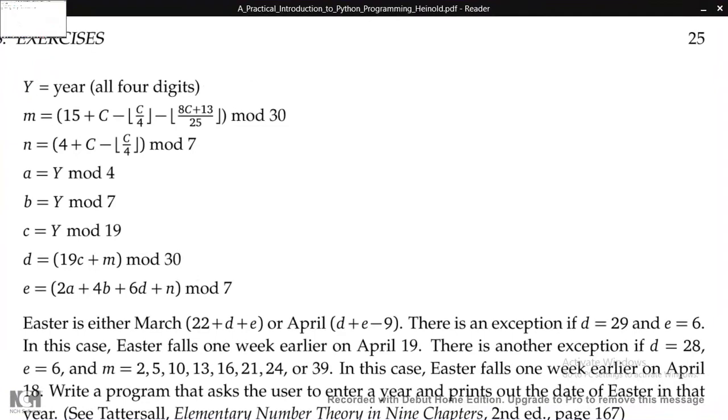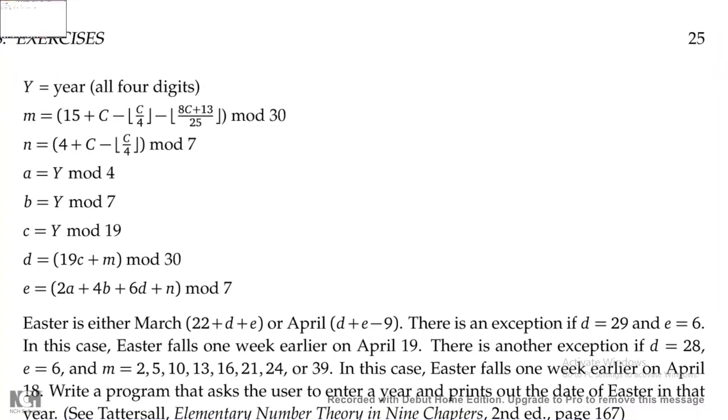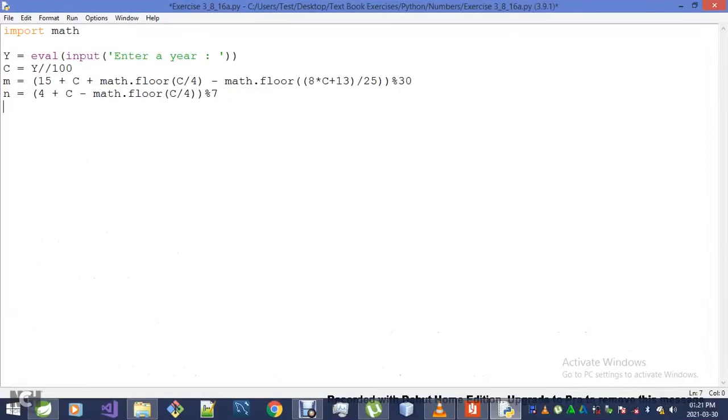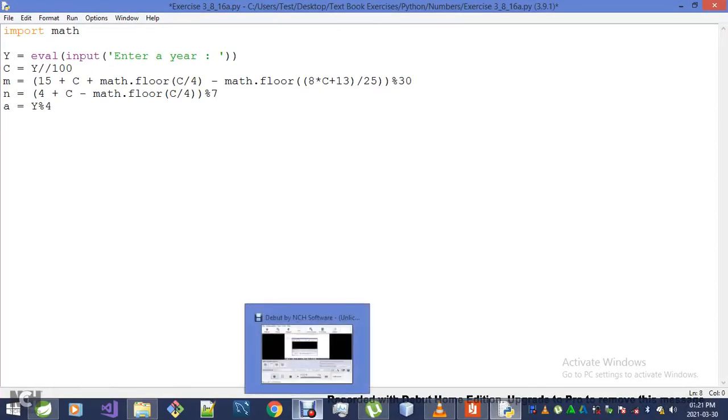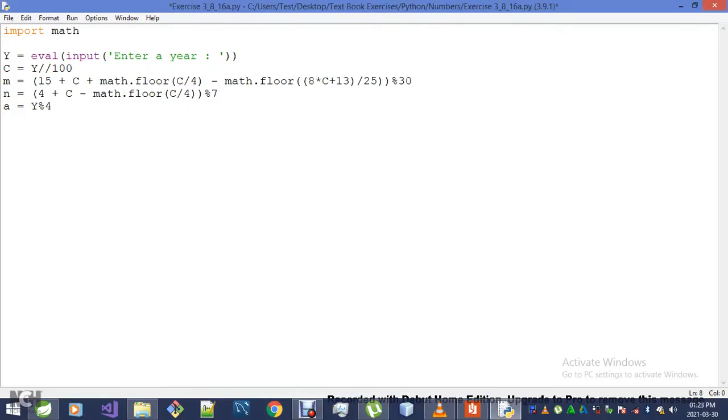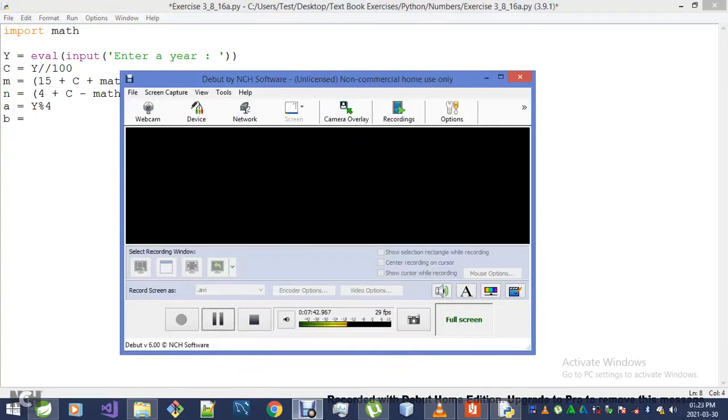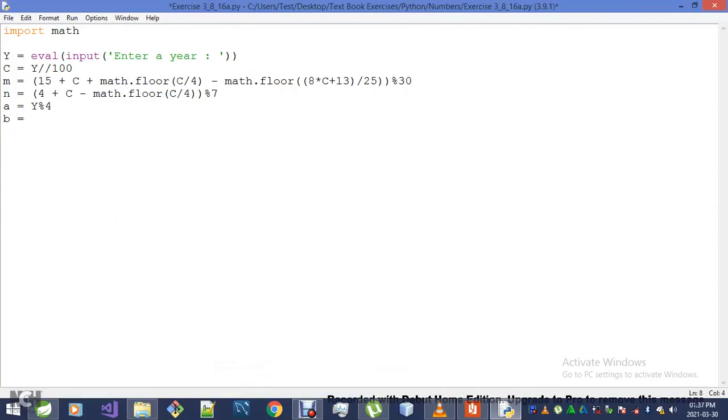Now let's set the values for A, B, C, D up to E. Now A is given by Y mod 4, right? B, small letter b, is given by Y mod 7.